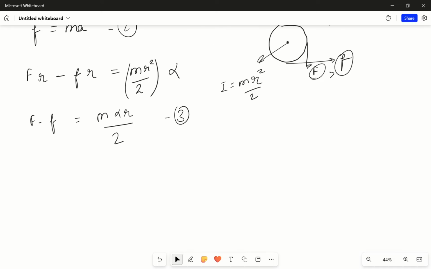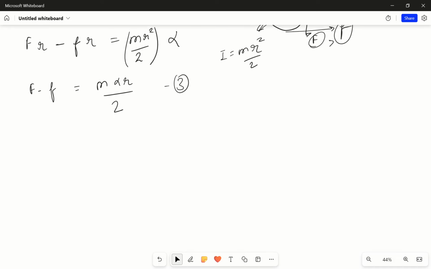Now, before it starts sliding, what would be the relation between a and alpha? Now we have to find that, right? As this is not sliding, it is obvious that the relation between a and alpha would be a equal to alpha r.